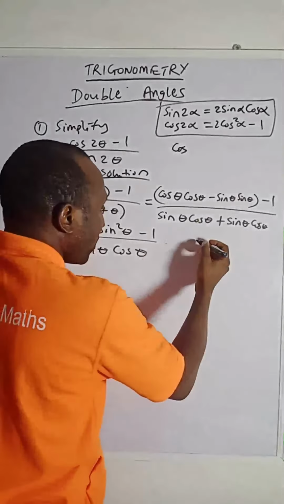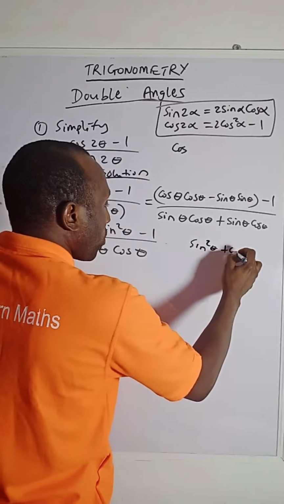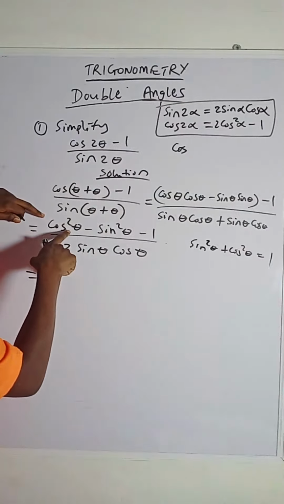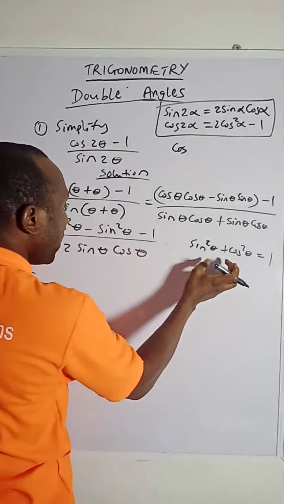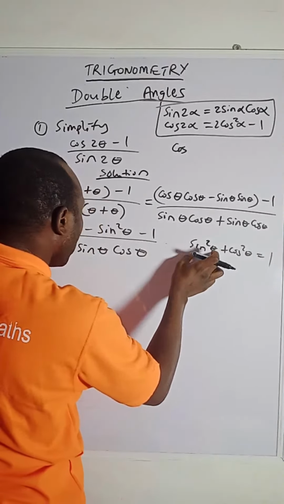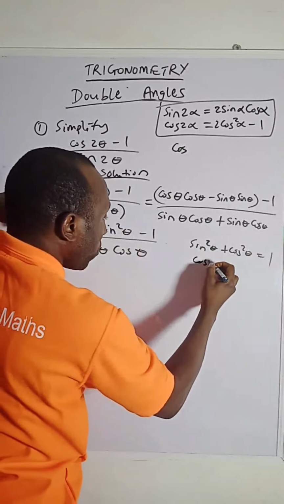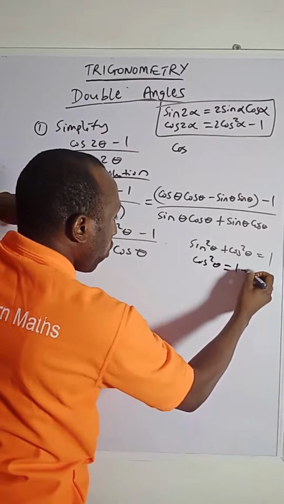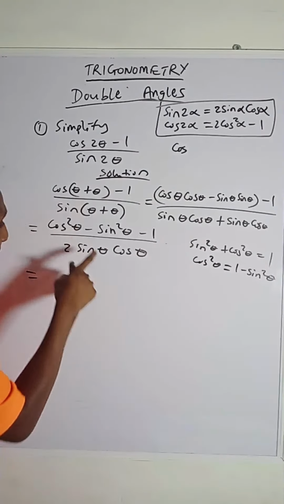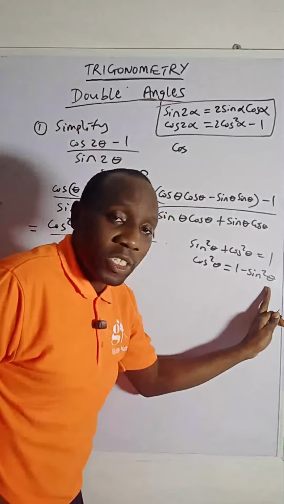If you already know that sine square theta plus cos square theta is equal to 1, and you want to replace cos square theta, you are going to move sine square theta to the right hand side. So you have that cos square theta is equal to 1 minus sine square theta. So I'm going to replace cos square theta and put 1 minus sine square theta.